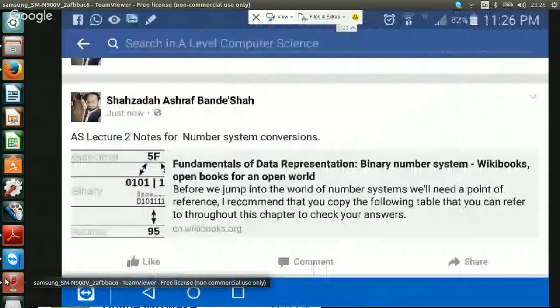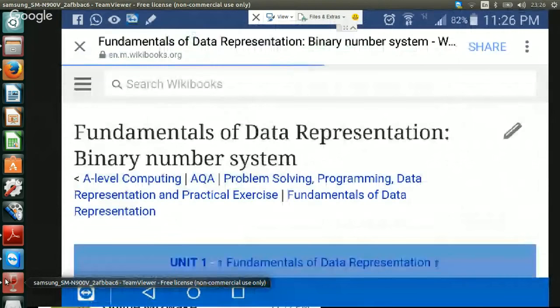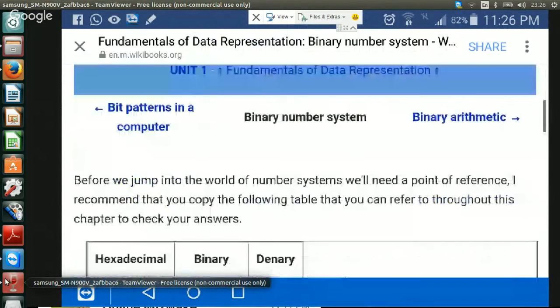Okay, so the fundamentals of data representation, the binary number system, is the very first topic that we were going to start. We have actually done it in the previous lecture.